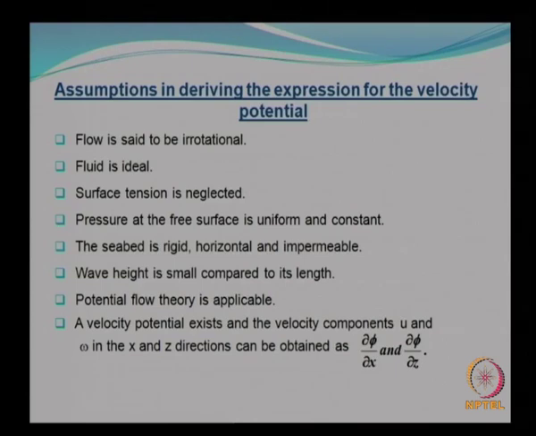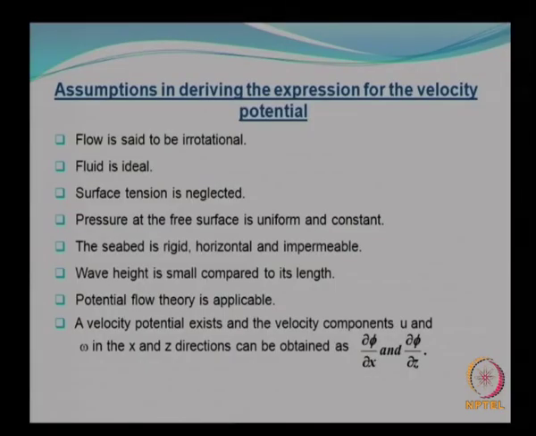Mind you that we are dealing with the most simplest case in order to understand the fundamentals. So, you have to digest when I say the seabed is rigid, horizontal and impermeable. The seabed is not always impermeable and it is not always horizontal, but we are considering the simplest condition.